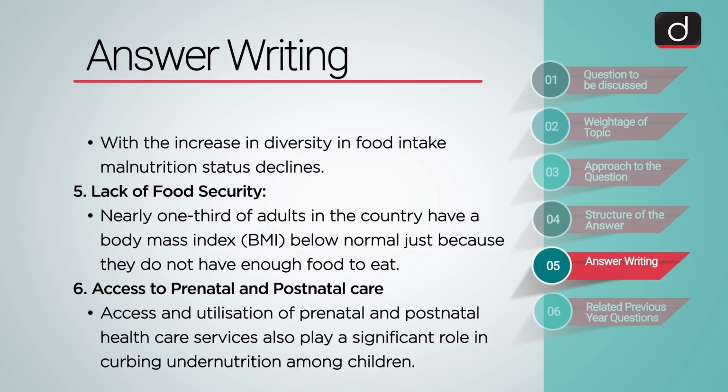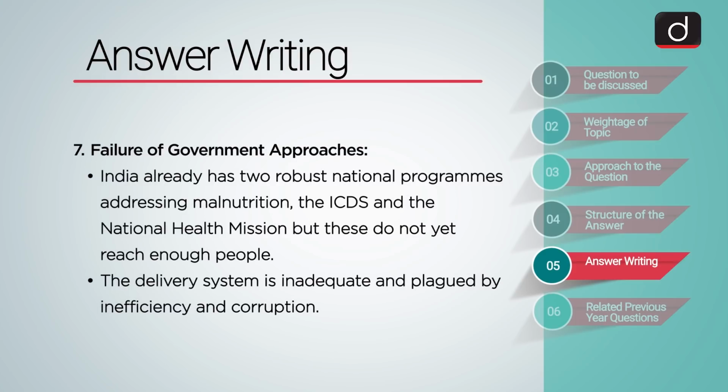Access to prenatal and postnatal care. Access and utilization of prenatal and postnatal healthcare services also play a significant role in curbing undernutrition among children. Failure of government approaches. India already has 2 robust national programs addressing malnutrition, the ICDS and the National Health Mission, but these do not yet reach enough people.